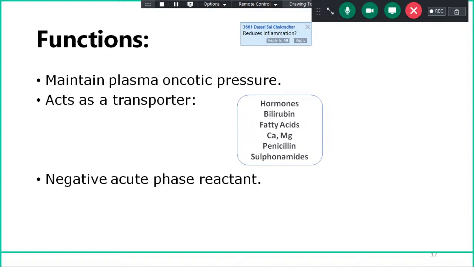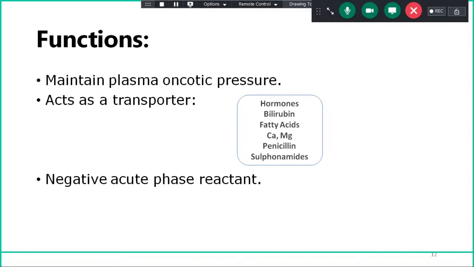The albumin does not reduce the inflammation; rather, its synthesis gets reduced when the body is having inflammation, as in the case of certain infections, acute and chronic, and in neoplasm and in autoimmune diseases.